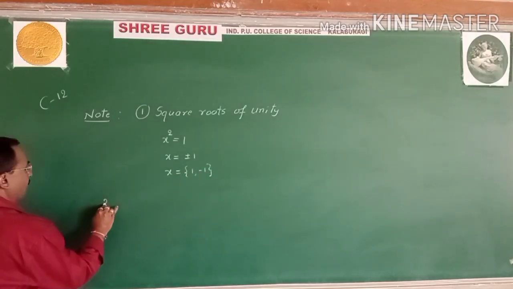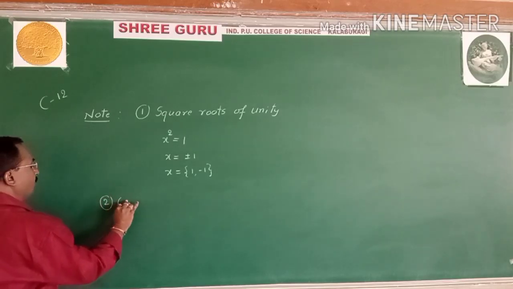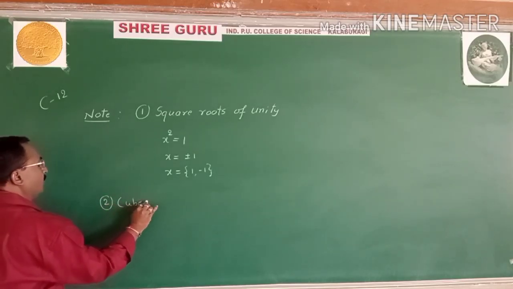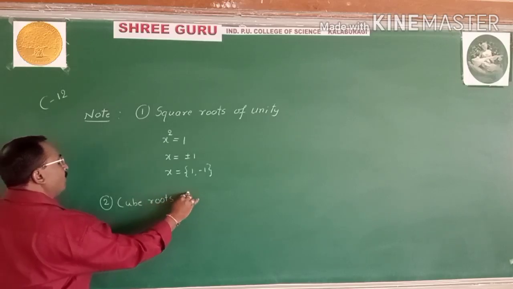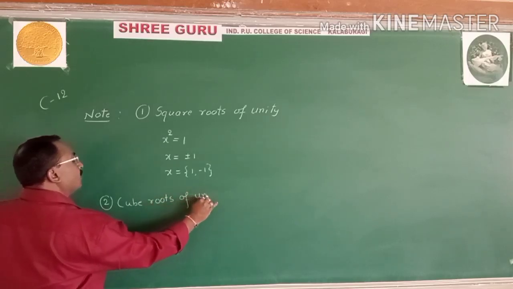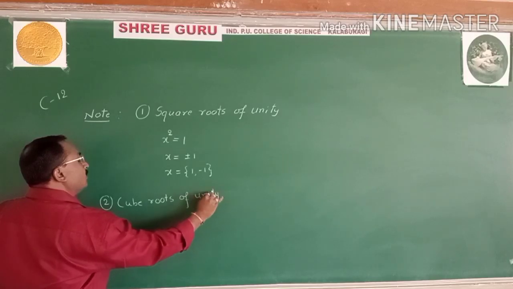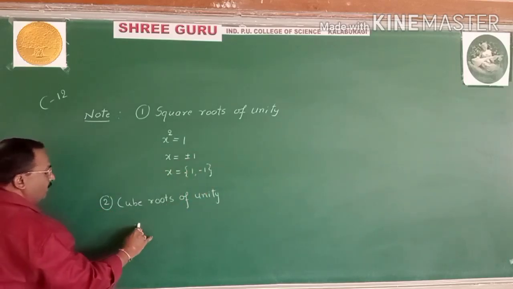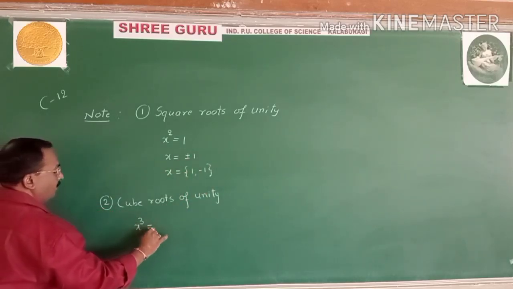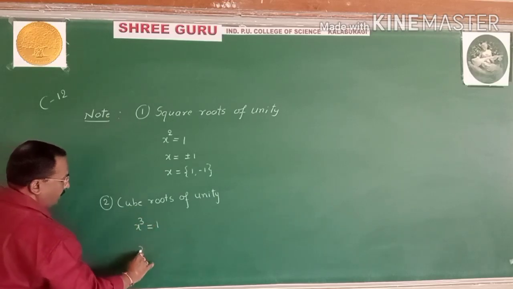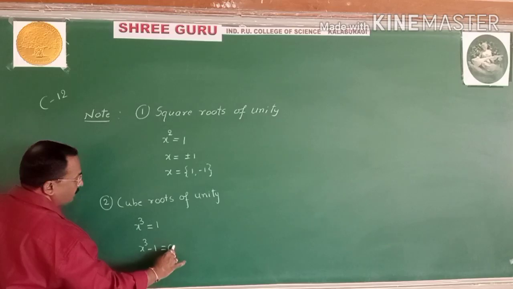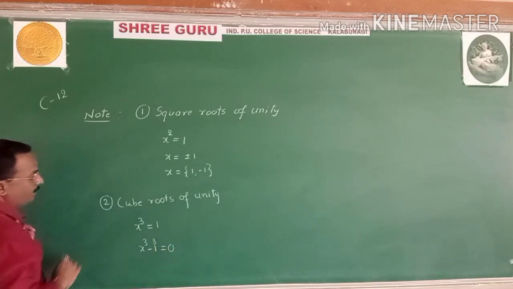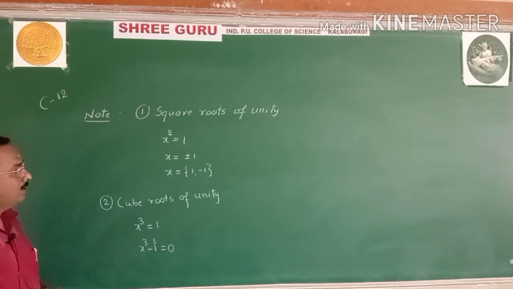Next, second one, cube roots of unity. X cube is equal to 1. This can be written x cube minus 1 is equal to 0. 1 can be written 1 cube. 1 cube value is what? 1.